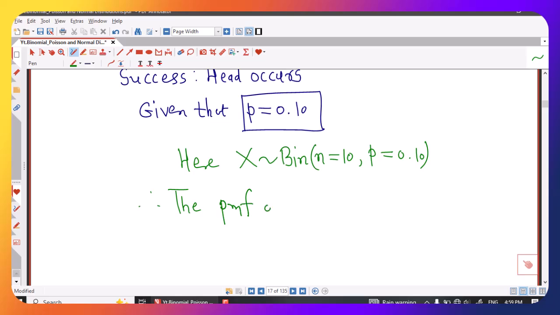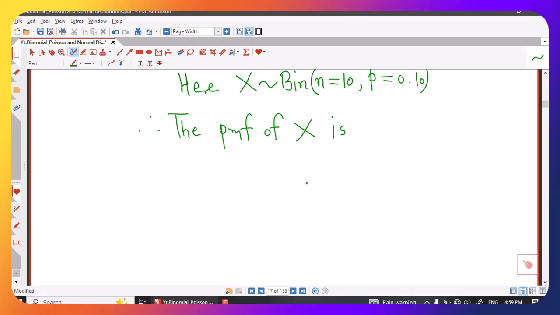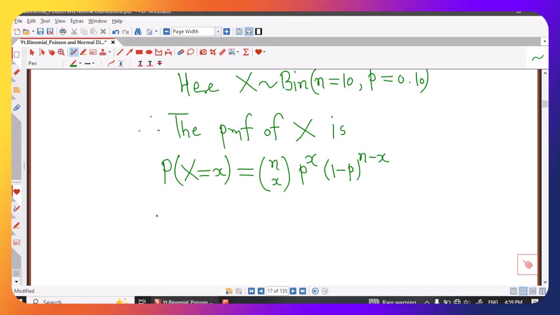Therefore, we can write the probability mass function. The probability mass function of binomial random variable X is given by the probability that capital X equal to small x. Capital X is the number of heads, so the probability that we get x number of heads is given by nCx p to the power x and 1 minus p to the power n minus x. Now we substitute values of n and p.